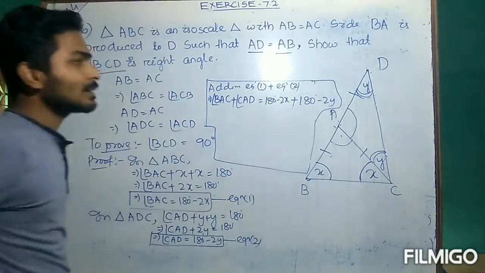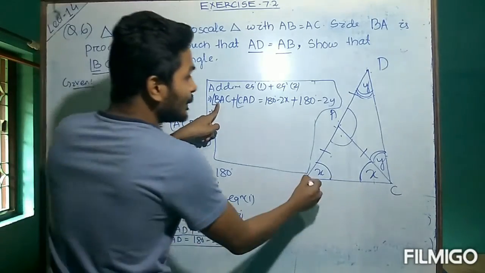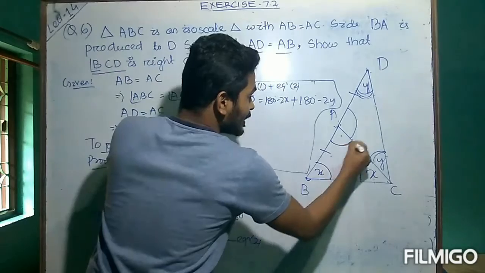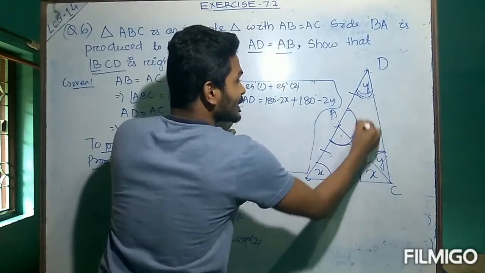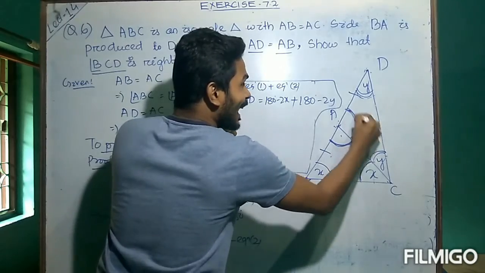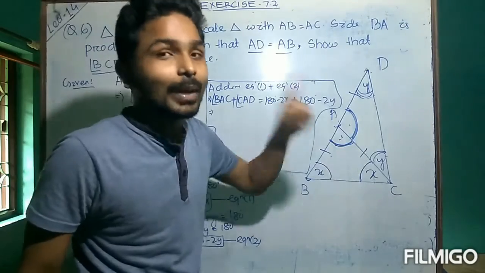Are you getting my point? See, in the left hand side we will get BAC, that means this angle, plus CAD, that means this angle. Whenever these two angles are added, we will get 180 degrees.